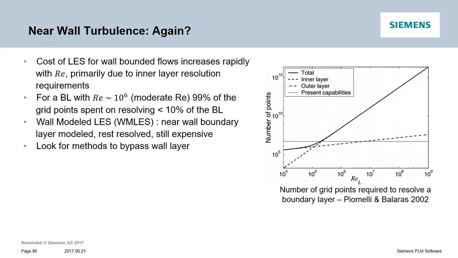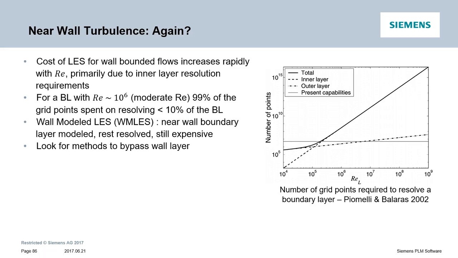The primary reason is that near the wall, the larger eddies are also of similar size to the dissipation scales. So the near wall resolution requirements are as severe as DNS. For example, in a boundary layer with a Reynolds number of a million, 99% of the grid points are spent on resolving less than 10% of the boundary layer.